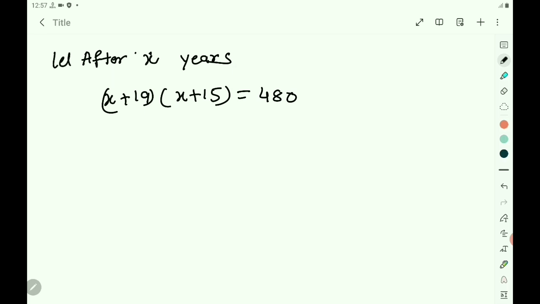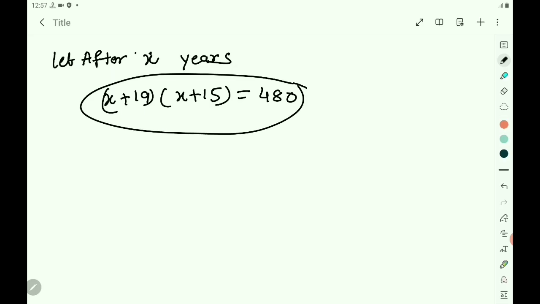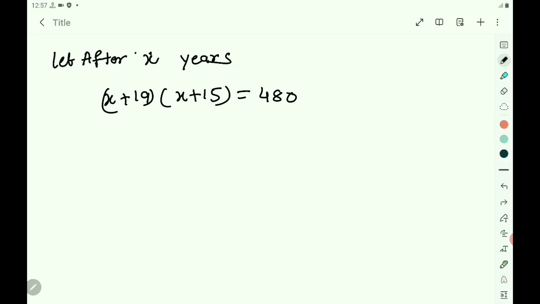You take, let after x years, x plus 19 into x plus 15 equals 480. Present ages are 19 and 15. After x years, A's age is x plus 19, B's age is x plus 15. Their product is equal to what? 480.